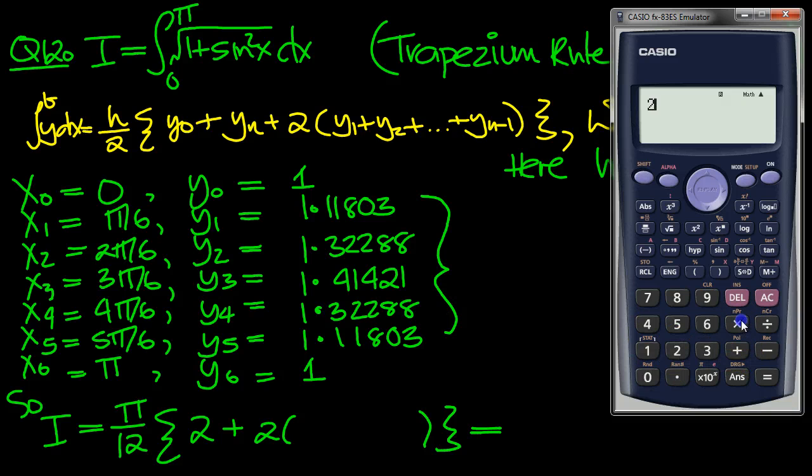So it's 2 times 1.11803, plus 2 times 1.32288, that's 2 of those, and this one plus 1.41421 equals 6.29603.